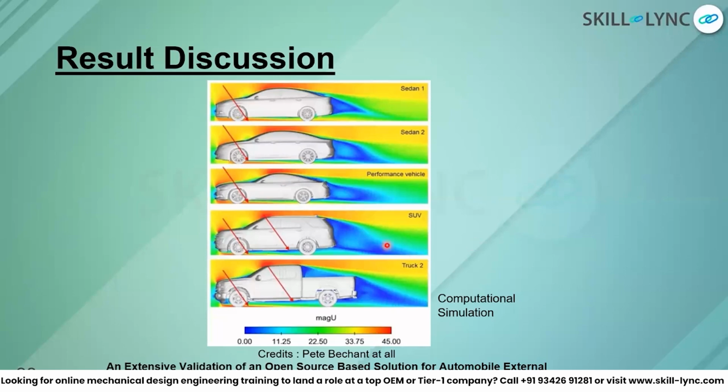Something we can understand is that the SUV is a segment. You can make an SUV aerodynamic, of course, but SUVs are for rough terrains, off terrains, so you need to have a high ground clearance. That's the requirement of the segment, so you cannot change it. The crew cab truck, you cannot change the segment.